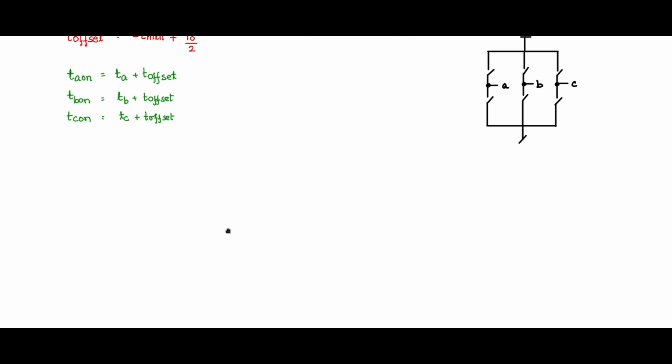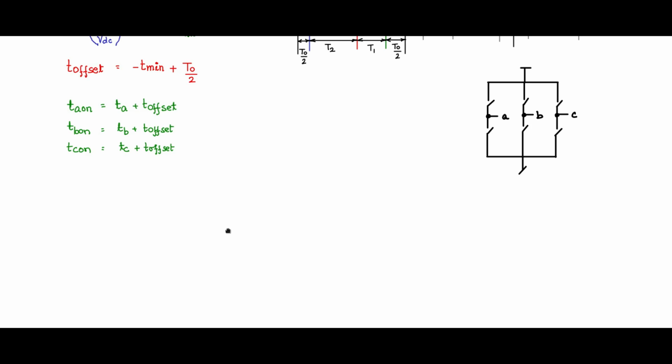So let us just have a look at the algorithm that you would implement. So first calculate TA, TB, TC. The input is you are getting VA star, VB star, VC star as input to your PWM block. Using that, you can define as constants TS and VDC, TS being the carrier period.